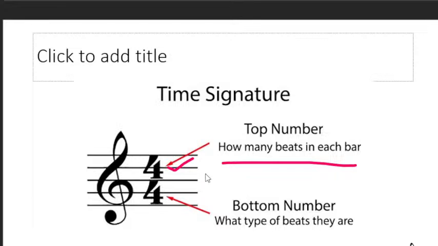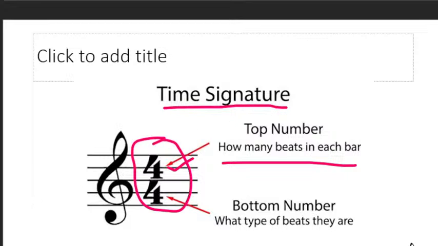Either it's one semibreve, or 2 minims, or 4 crotchets, or 8 quavers. This will indicate how many beats are in the bar, in between 2 bars.